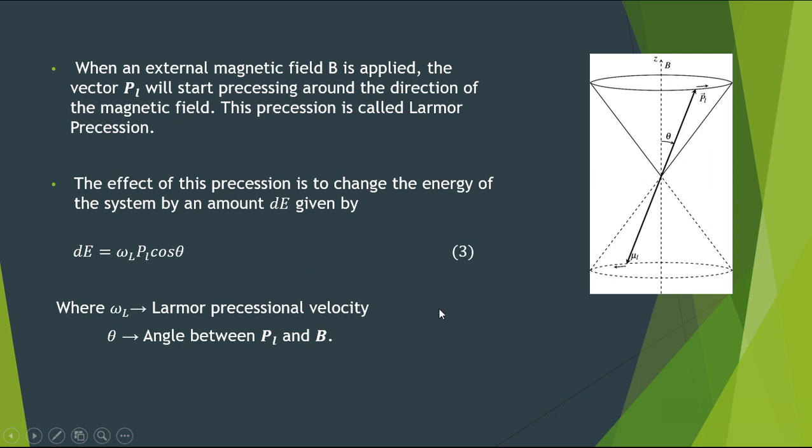The effect of this precession is to change the energy of the system by an amount dE given by omega L PL cos theta, where omega L represents the Larmor precessional velocity or the angular velocity of Larmor precession, and theta is the angle between orbital angular momentum vector and the direction of the magnetic field as shown in this diagram.